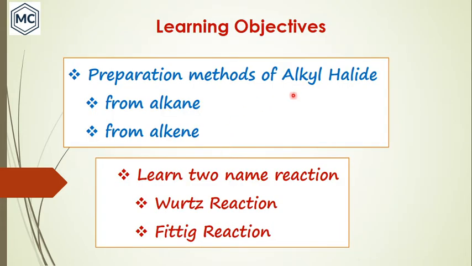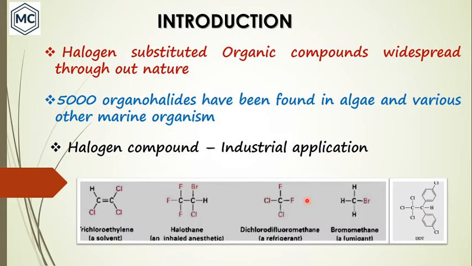The learning objective of this first lecture is to understand the preparation methods of alkyl halide from alkane and alkene. We will learn two named reactions, the Wurtz reaction and the Fittig reaction. Introduction.